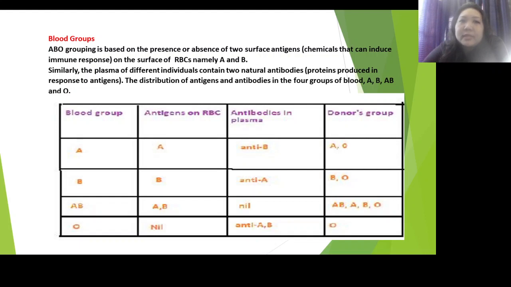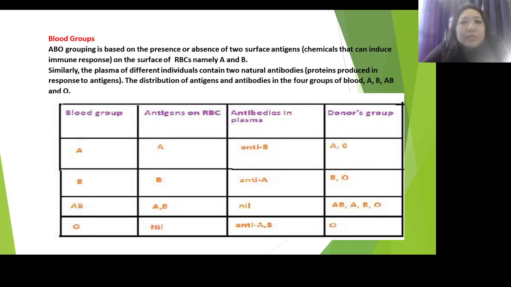Now, let us discuss the blood groups. The blood groups present in humans are A, B, AB, and O. ABO grouping is based on the presence or absence of two surface antigens, that is, a chemical that can induce immune response, on the surface of RBCs, namely antigen A and B. Similarly, the plasma of different individuals contains two natural antibodies, proteins produced in response to antigen.